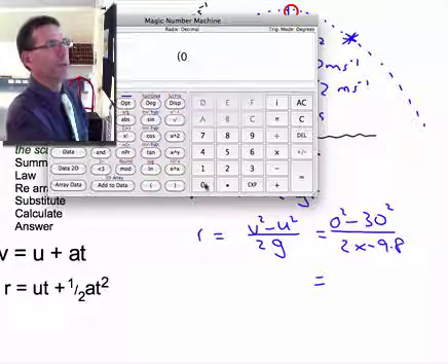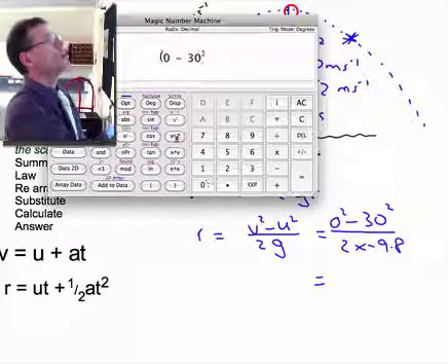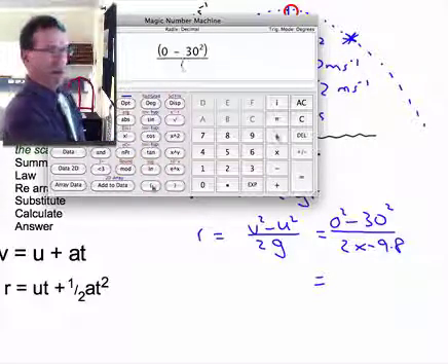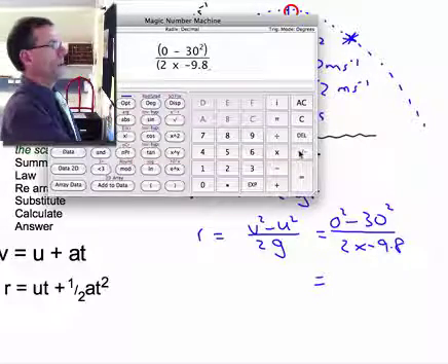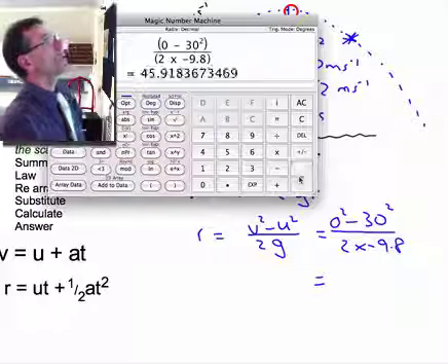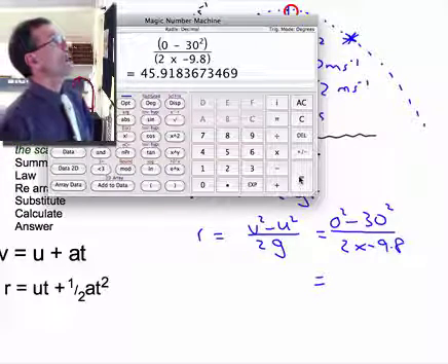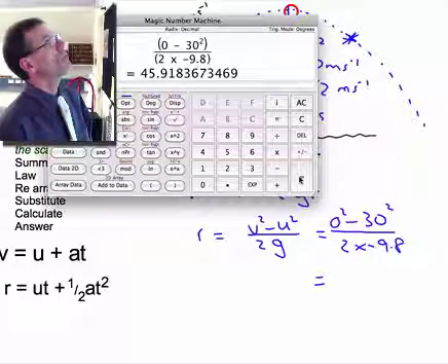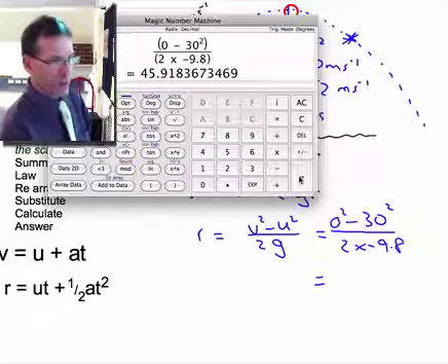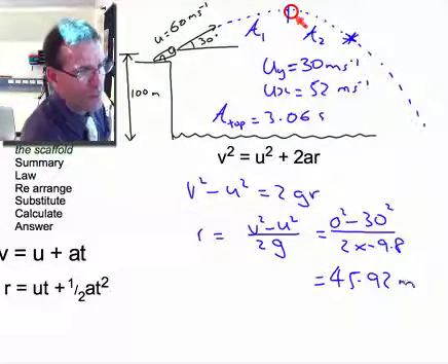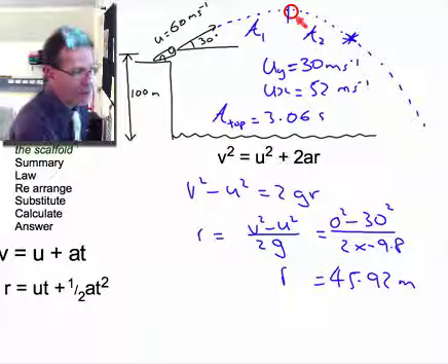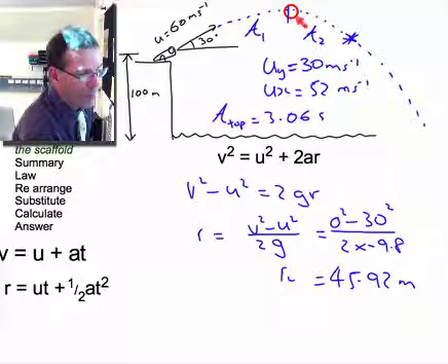Okay, so we've got 0 minus 30 squared divided by 2 times minus 9.8, and that's going to give us 45.92 meters. Sorry, that's y, I should say.